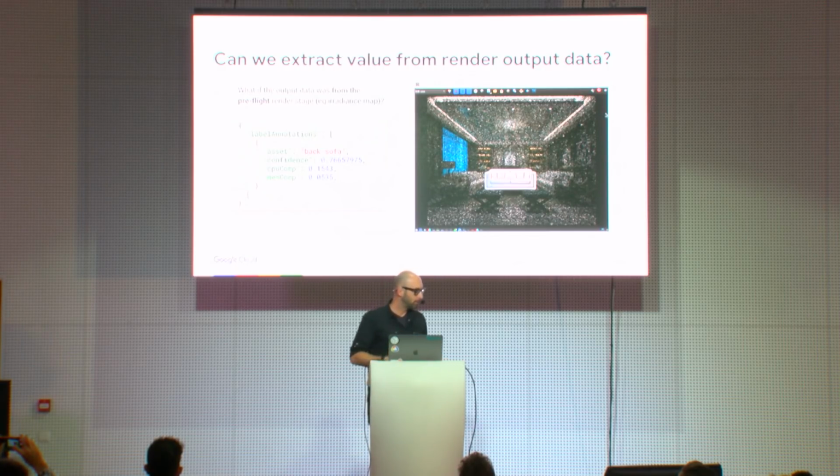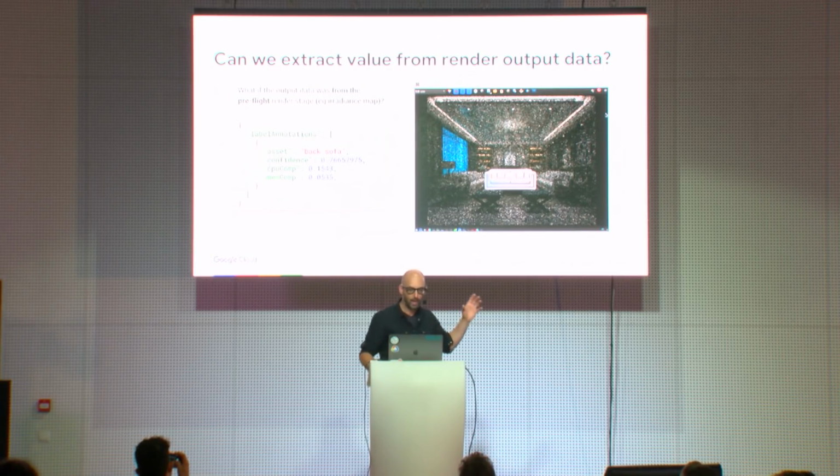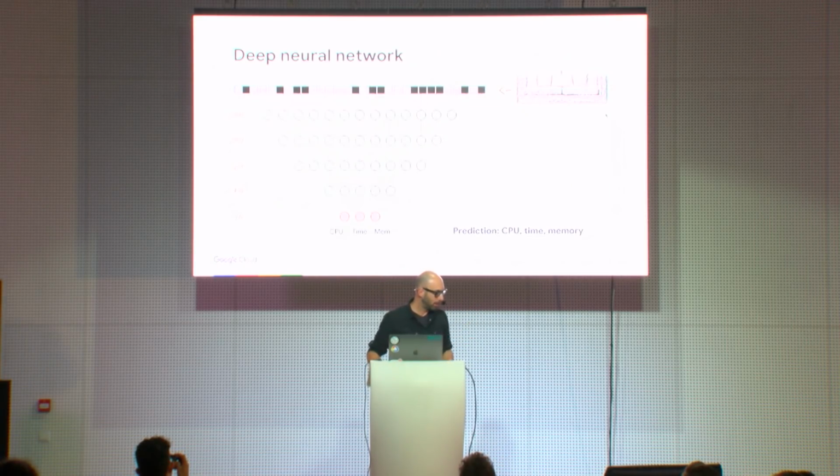So this is pretty cool stuff, but you need to be able to train a model to spatially understand what's in the frame, and you also need to train it on your asset database. And this is where we get into deep neural networks, in that instead of a number, you have an image.